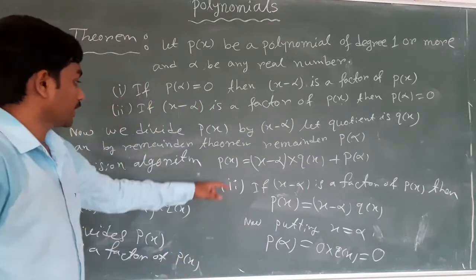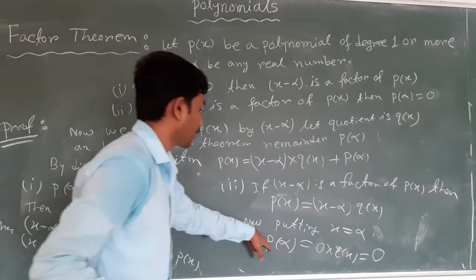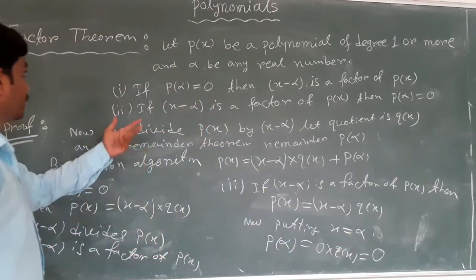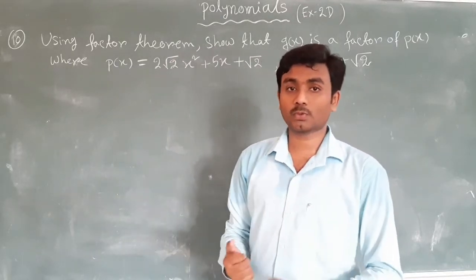So if x minus alpha is a factor of p(x), then p(alpha) is equal to 0. Hence the proof.